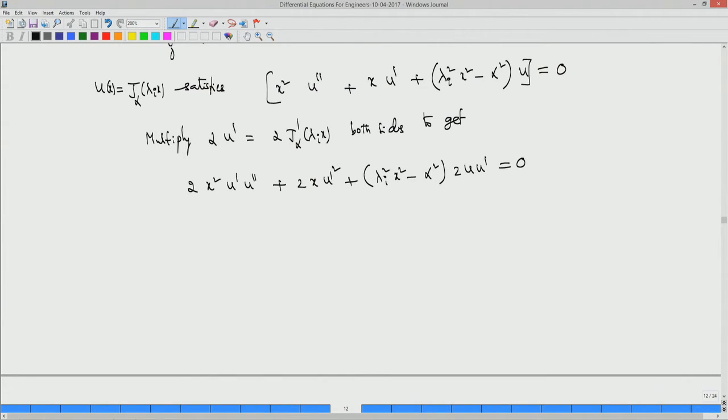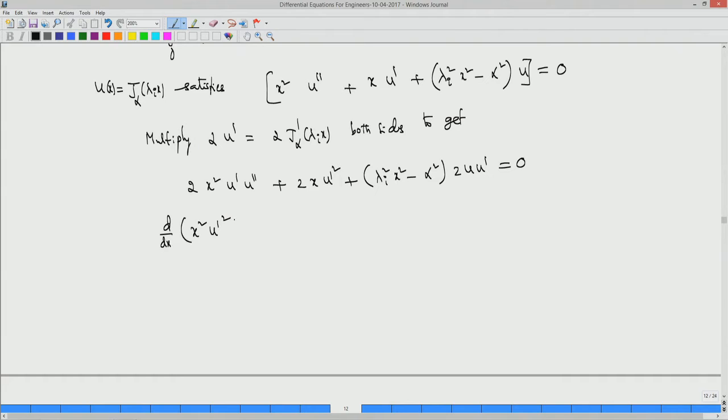The next step is to write this in a simplified manner. You can see that x square u dash square, what is the derivative of this?